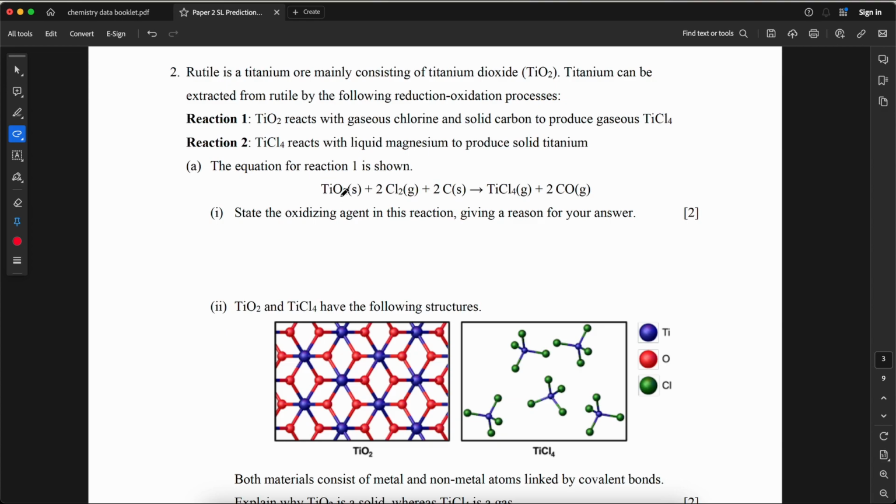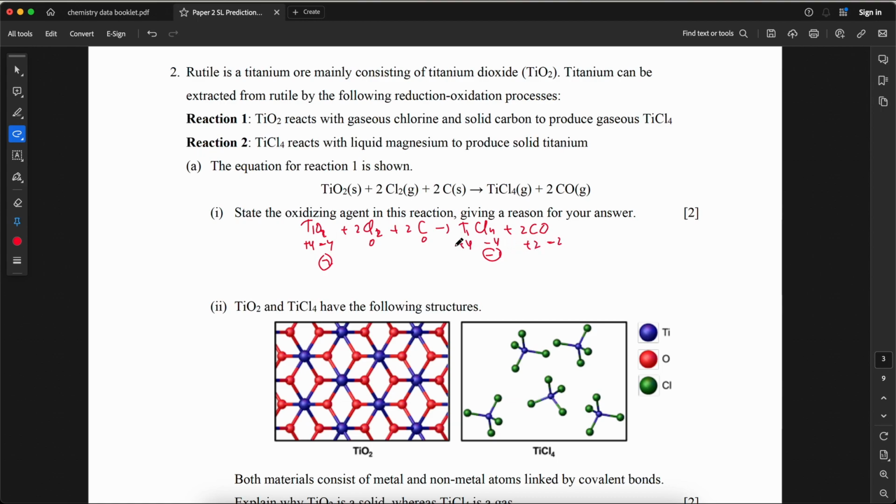So TiO2 plus 2Cl2 plus 2C produces TiCl4 plus 2CO. So titanium is plus 4, chlorine and carbon are 0, and in TiCl4 the chlorine is negative 1, with oxygen negative 2 in both. So carbon goes to plus 2.